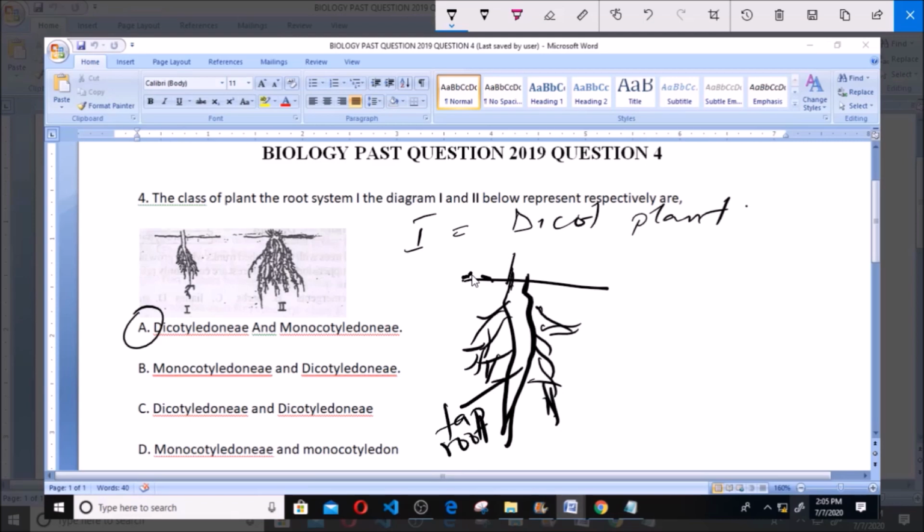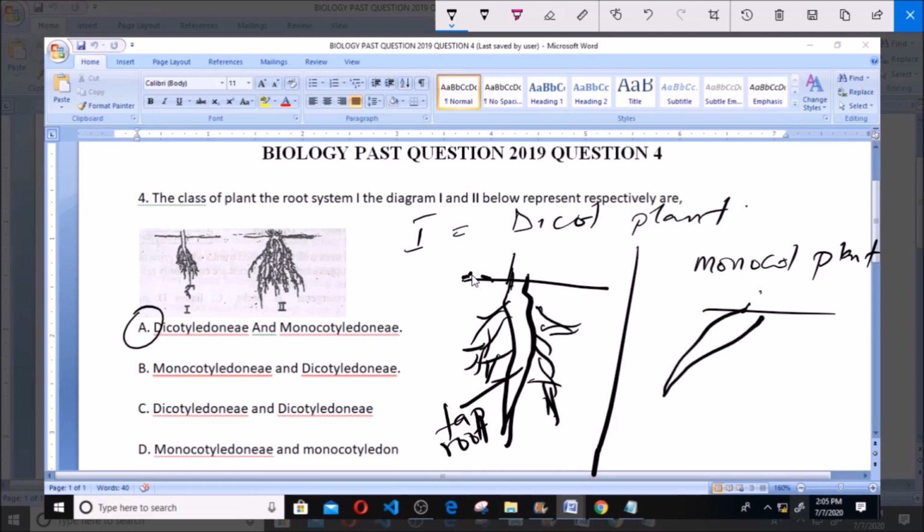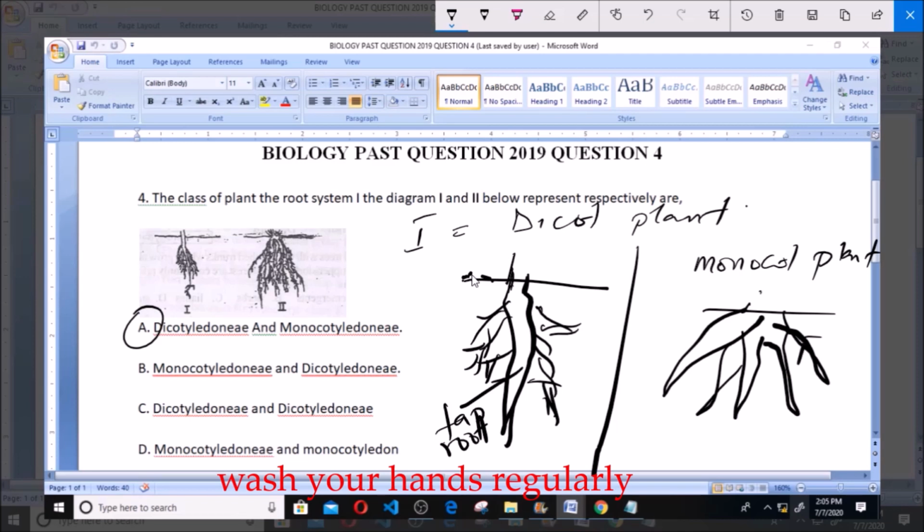Now for a monocot plant, all the roots originate from the base of the stem like this. Now the root comes like this.